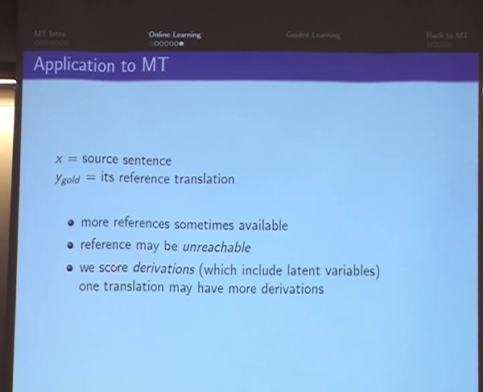Actually, we score derivations. The features are computed from the derivation. We need to know how it was segmented. When we only know the translation, we don't know which features were there. So if the reference is not reachable, we cannot use the reference hypothesis as the hope, because we don't have any features for this.